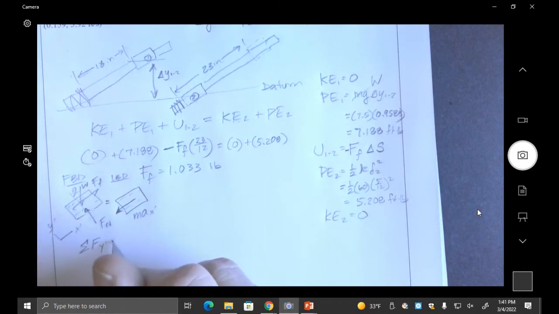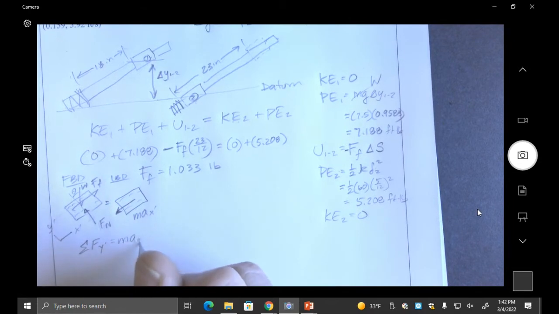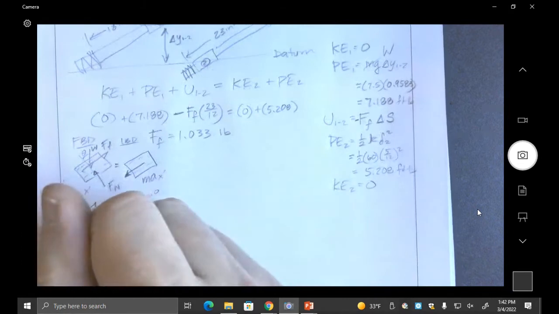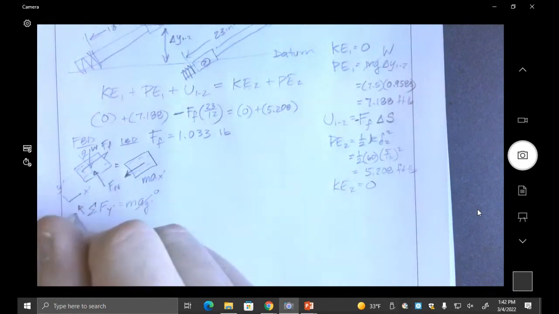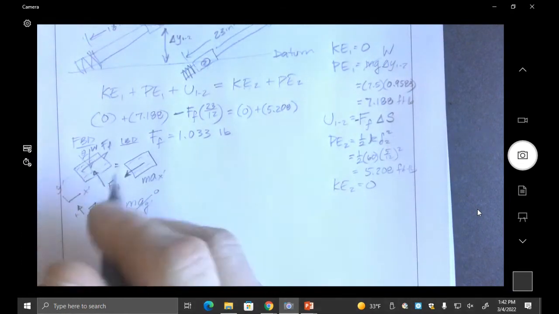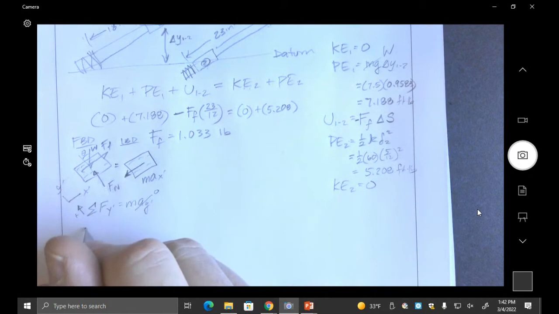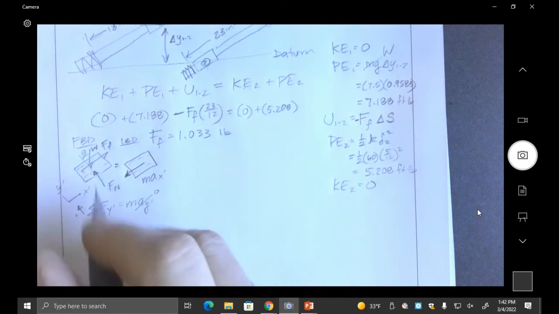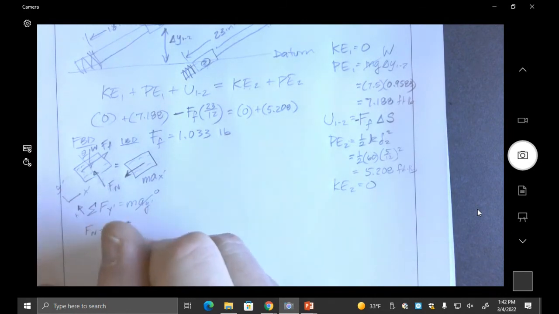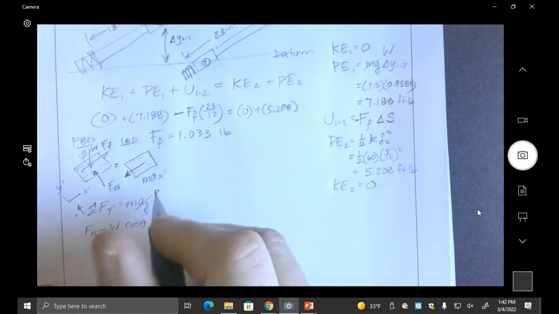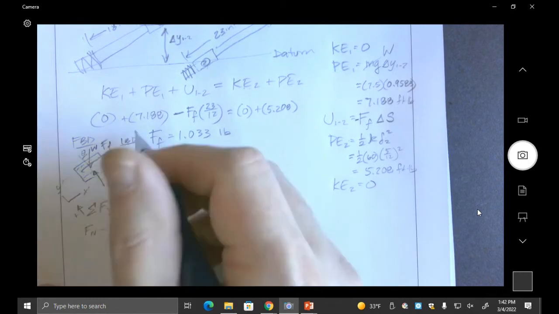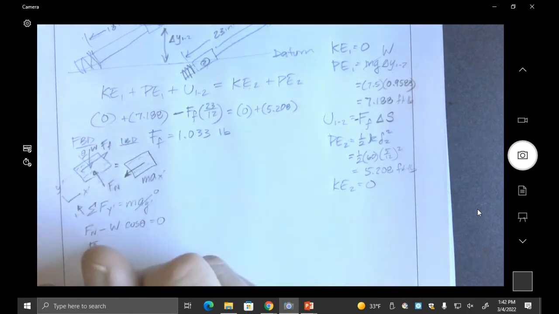So in the Y prime direction, mass times acceleration in the Y prime direction, that's 0. It's positive declared. So we'll say that we have Fn minus the weight times the cosine of theta equals 0. No acceleration there.